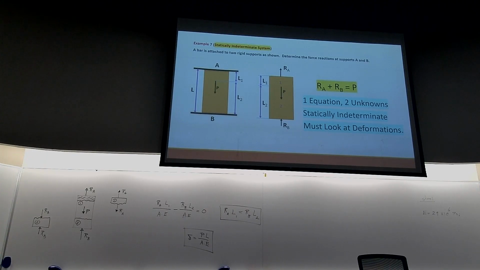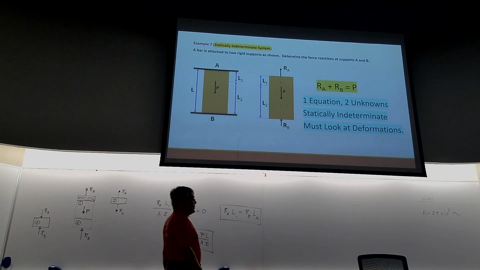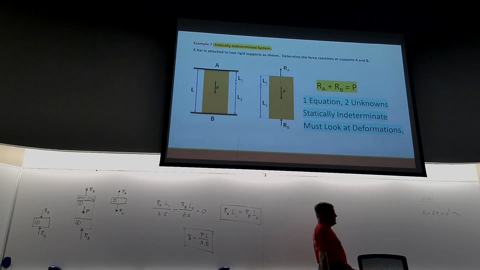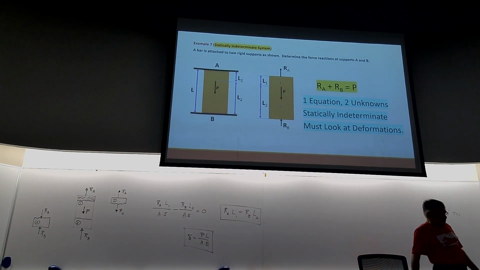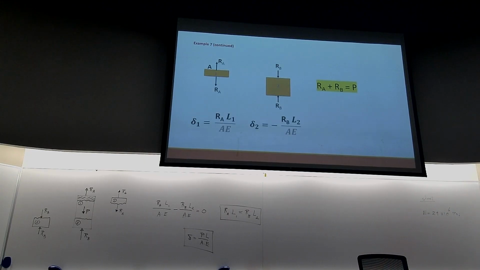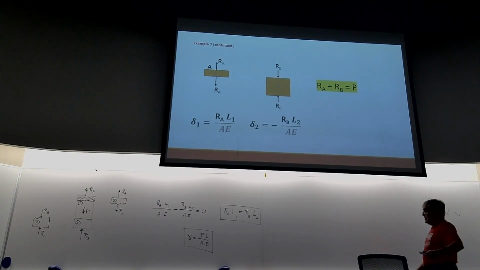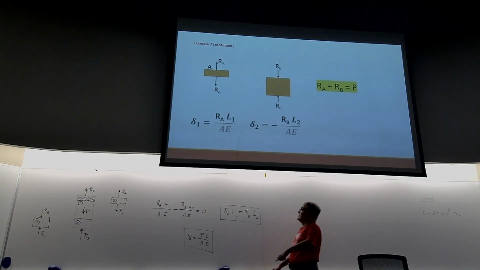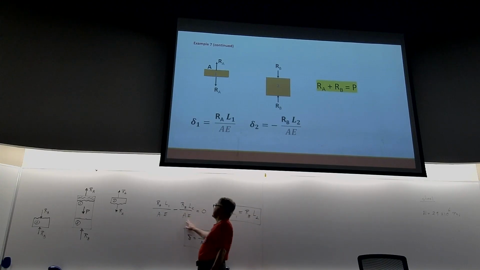Now we have two equations, two unknowns. Could easily solve for both RA and RB. And these are the deltas that I wrote here. Delta 1, delta 2.